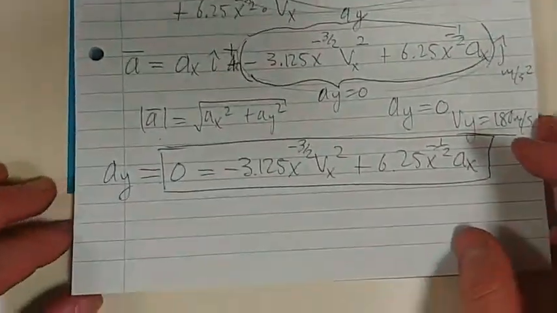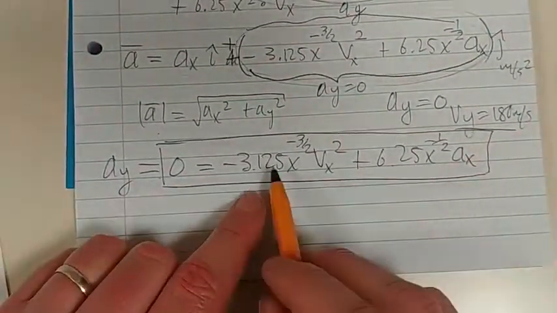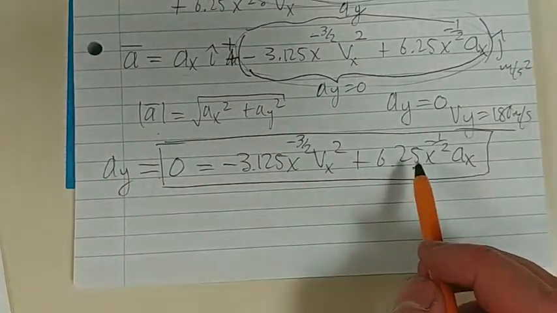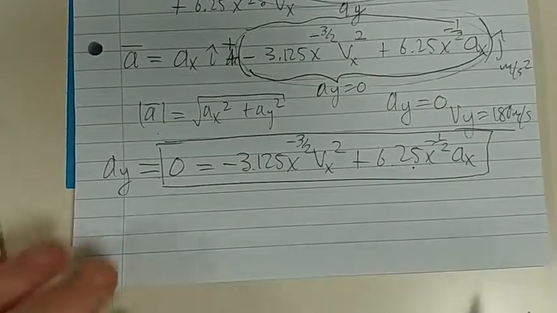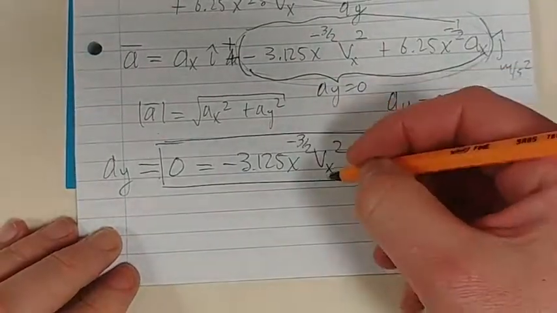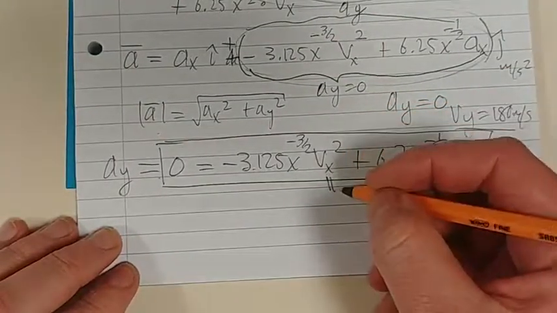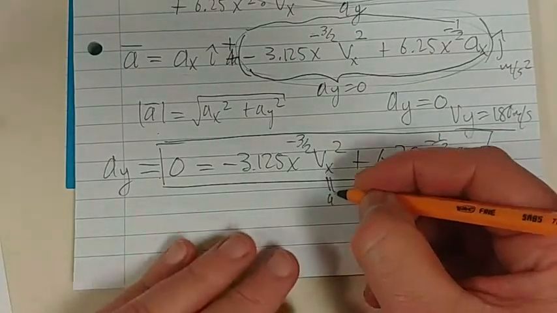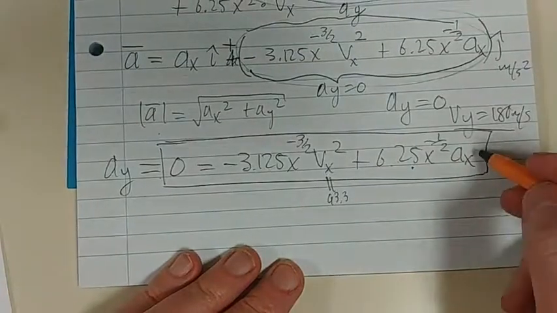Okay, I hope you guys are still with me. Recall, I'm just going to repeat again that these numbers are probably wrong because I made a mistake in the beginning, but I hope you're getting the idea. So what is Vx? We calculated that to be, I calculated it to be 93.3.